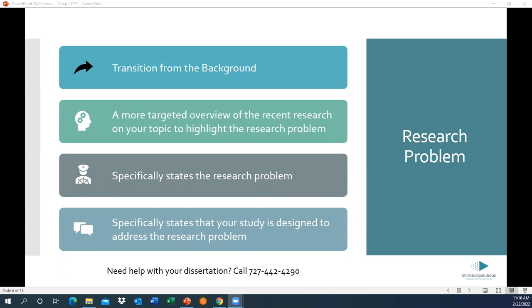So the research problem is an issue or something unresolved or missing in the research that your study is designed to address. Your study is designed to get information that's going to help fill that gap or help shed some light on that issue.